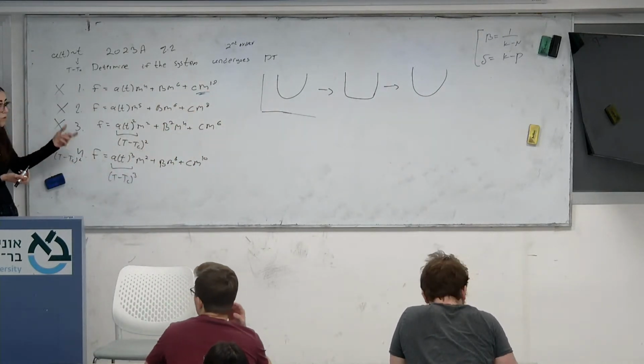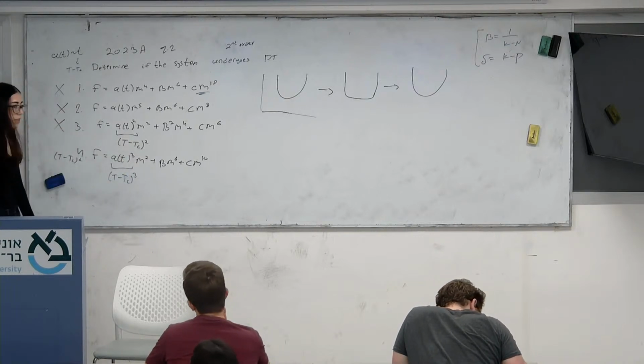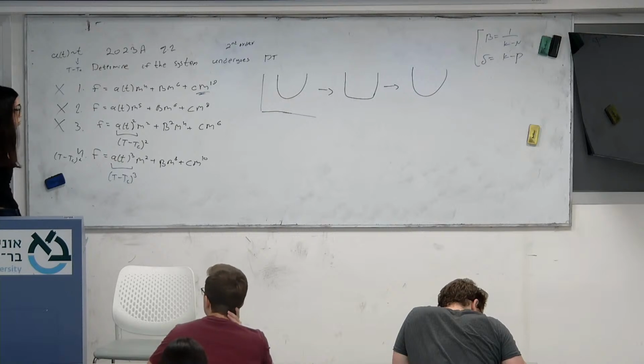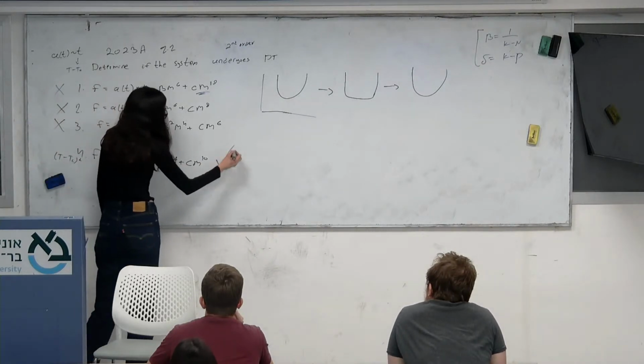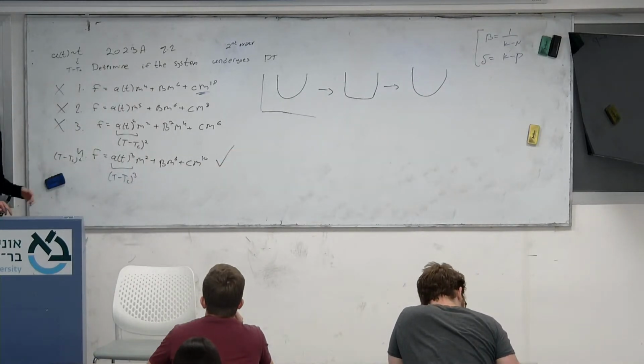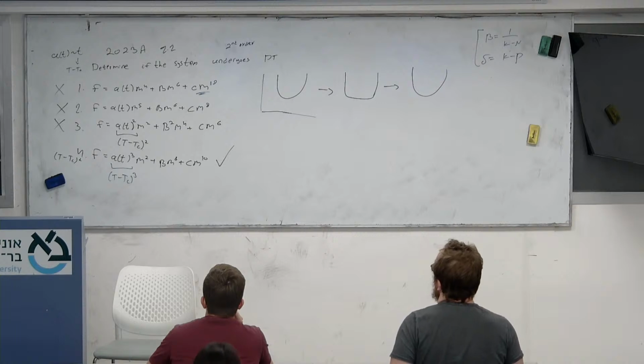It's like a coefficient, and it's still going to change sign when we go above and below Tc, so we don't mind about that. So we do have a transition, everything is great. That's it.